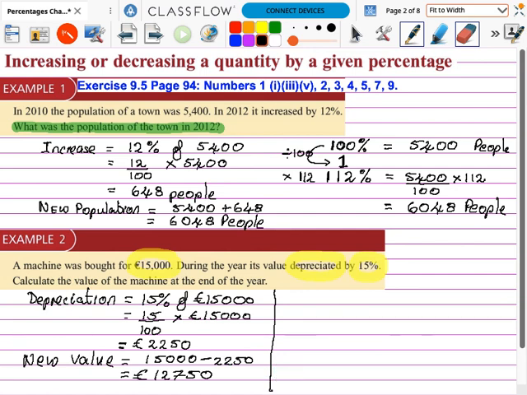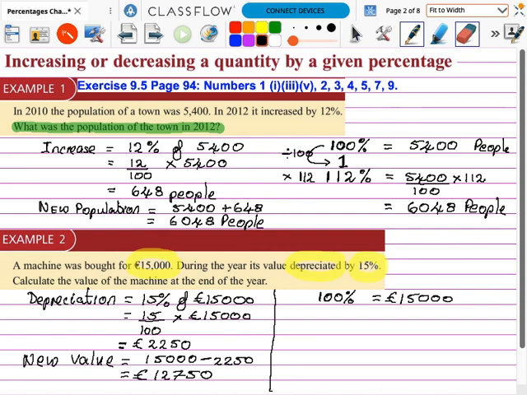Now let's do it the slightly faster way. The original amount of money is 15,000. So that original amount of money is also represented by 100%. So 100% is 15,000.